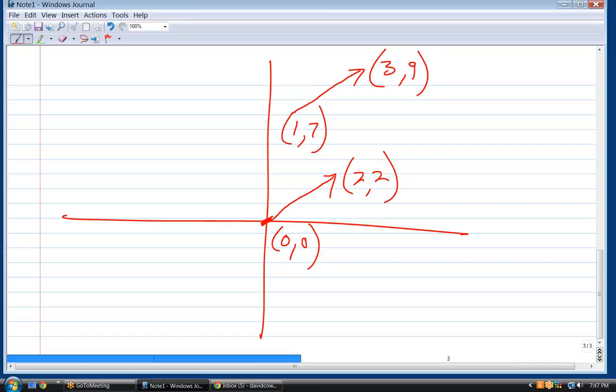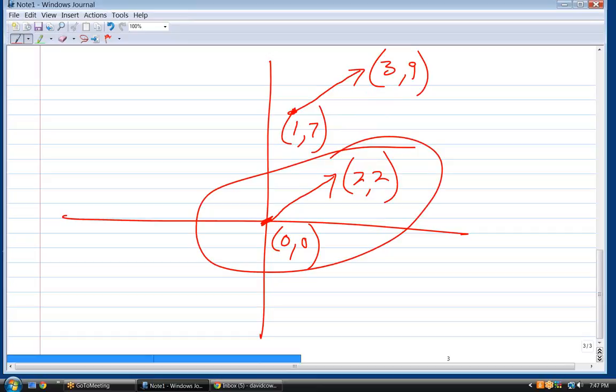In other words, you can take any vector and convert it to a vector with one point at the origin, by merely subtracting the two endpoints of the vector. Notice that if I subtract the two endpoints of this vector, I get 2, comma 2. And it's the same vector as that.